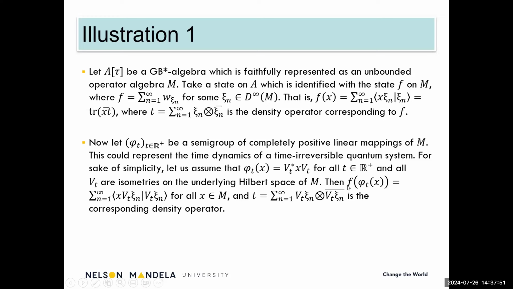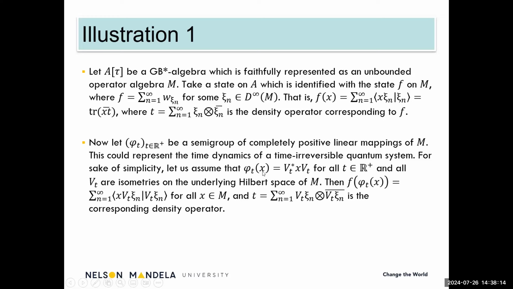And then one can say that if you now apply the state f, which we have in the previous bullet, to phi of t x, phi of t being the completely positive map. So this phi of t x is telling us how the observable x transforms under phi of t after a certain time.